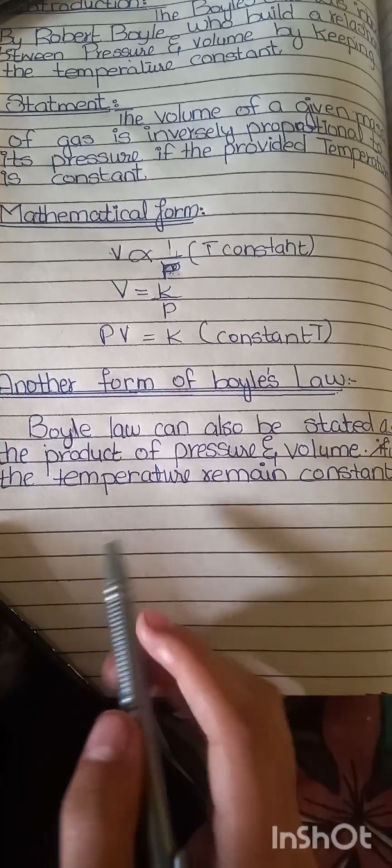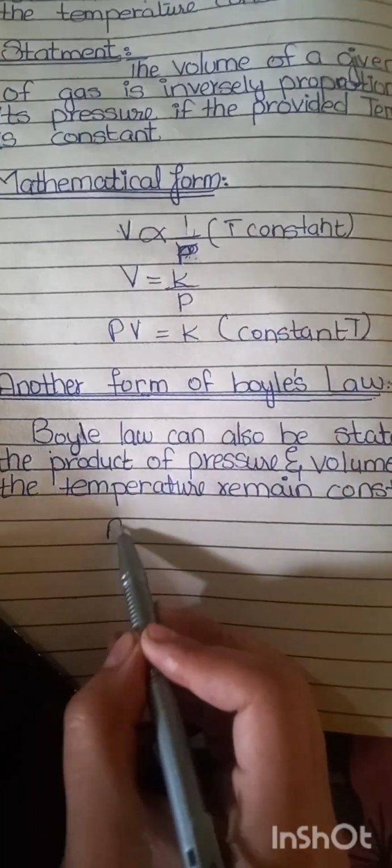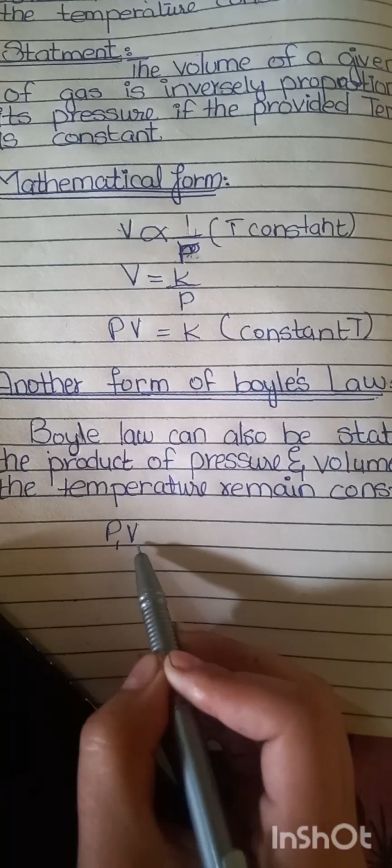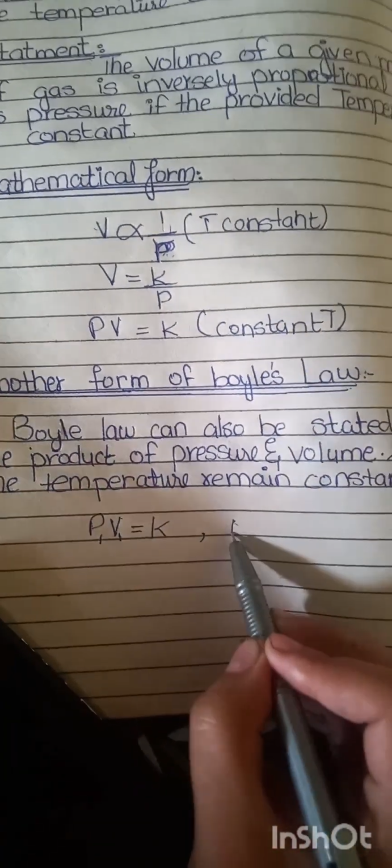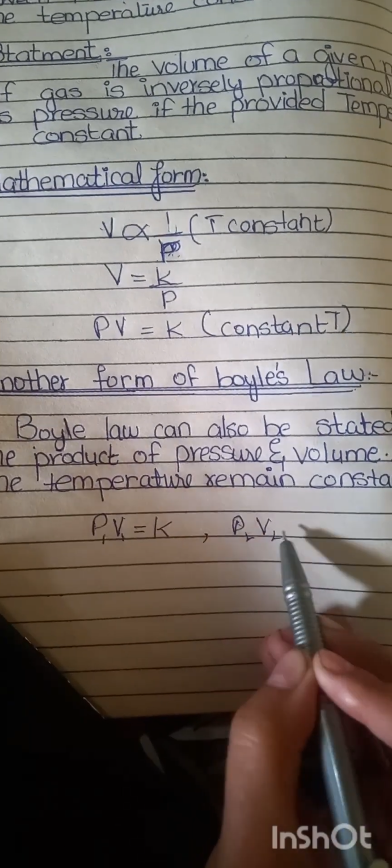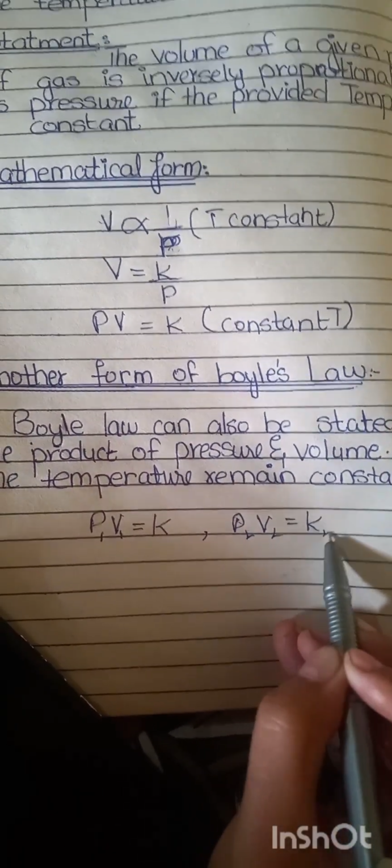In this case, we can write P1V1 equals K and P2V2 equals K2.